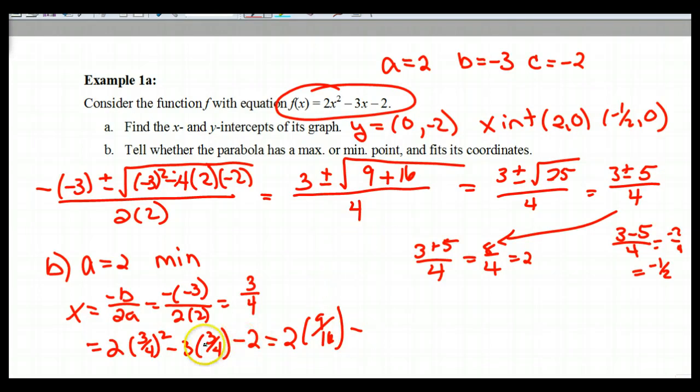Then the next part is 3 times 3 is 9, so that'll be 9/4 minus 2. So 2 times 9 is 18 over 16. And I want to change this one into 16 for the bottom to get a common denominator. So I'm going to multiply it by 4.